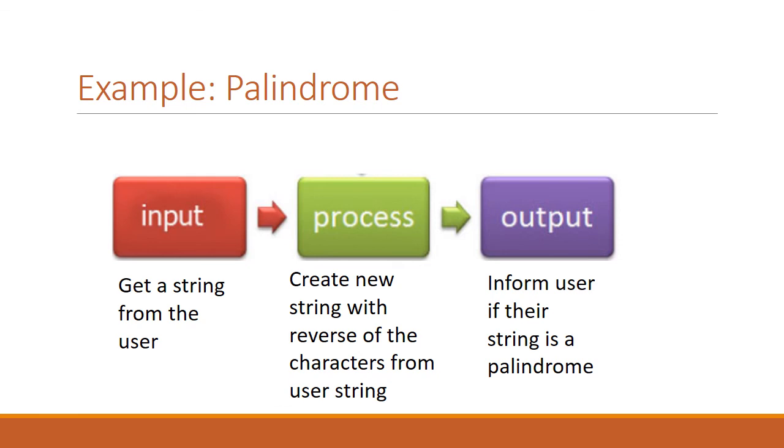Our input will be a string entered by the user. Our process will be reversing the characters in the user string to create a new string. And then our output will be informing the user whether or not their string was a palindrome by comparing the original string with the new string.